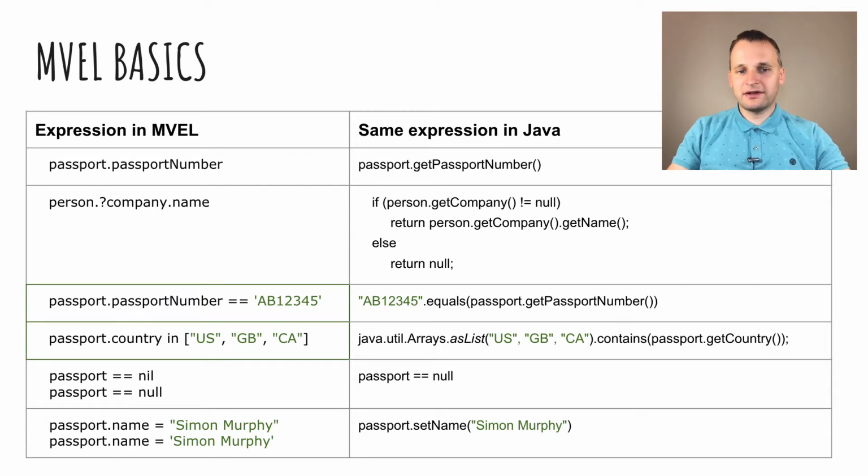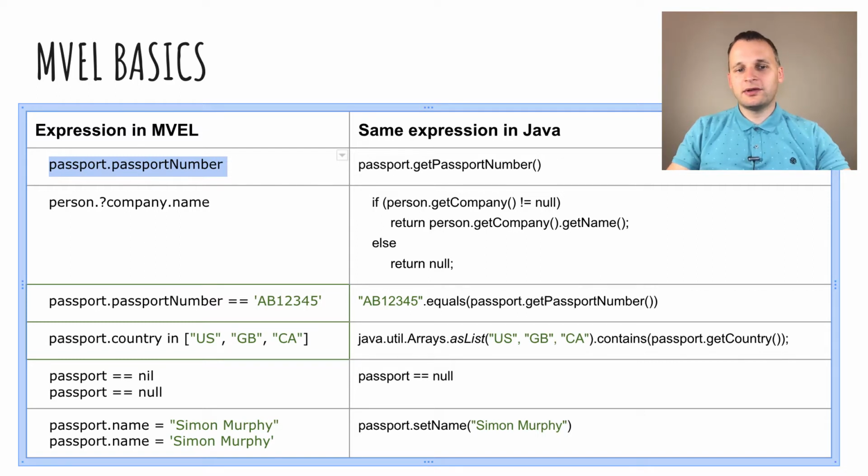So let's see some differences in language constructs. As you saw earlier, we don't use the getter. In Java we would write passport.getPassportNumber, but here we just write the field name, and it can be private, and then behind the scenes the getter is called. And this construct might also be familiar to you from other languages like Python: if company is not null, then the name of that company is returned, otherwise null.